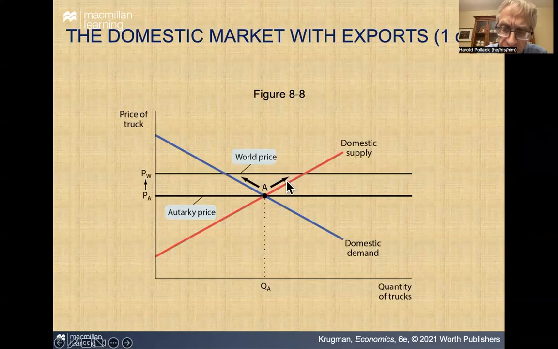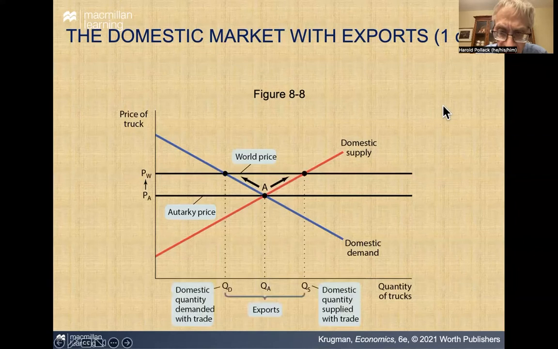more suppliers are going to be producing now. It used to be that suppliers were producing at this point, but now they're going to go all the way out to this point. So there's a bunch of new suppliers coming in along here, and they're going to be exporting a lot.